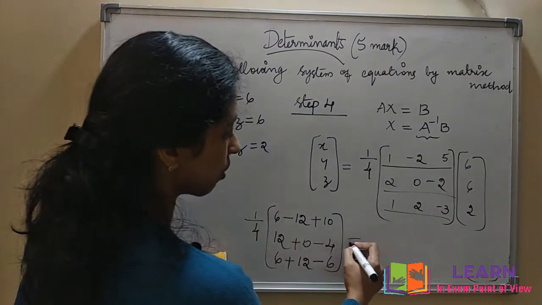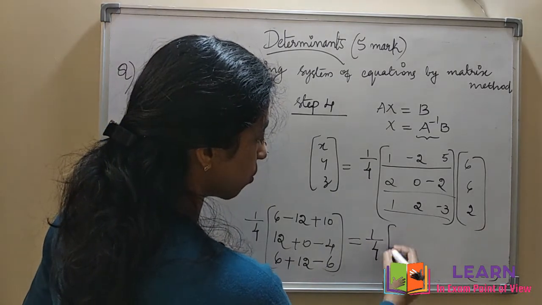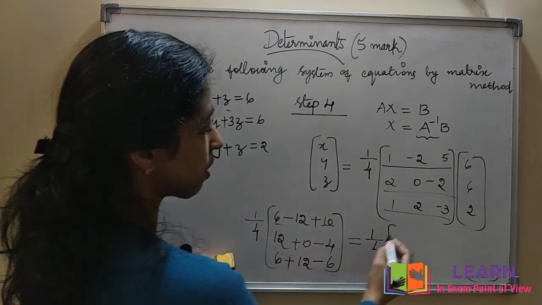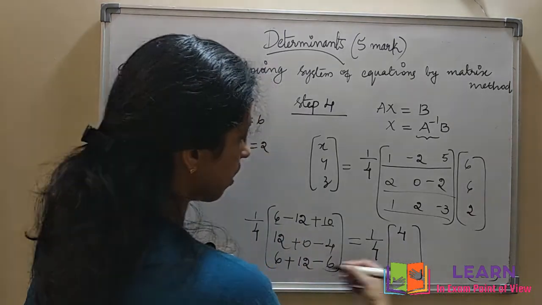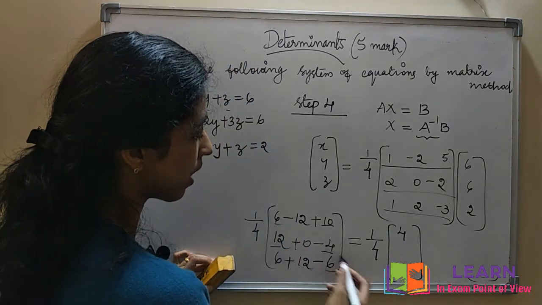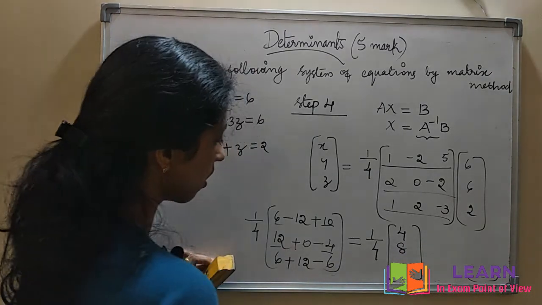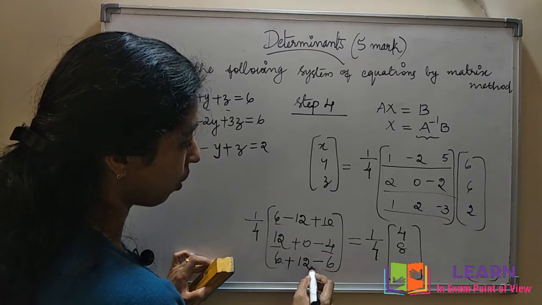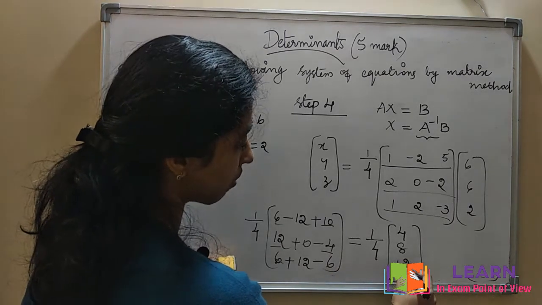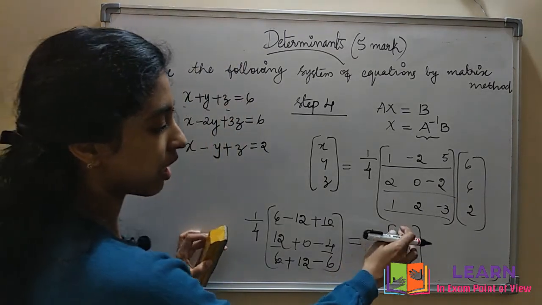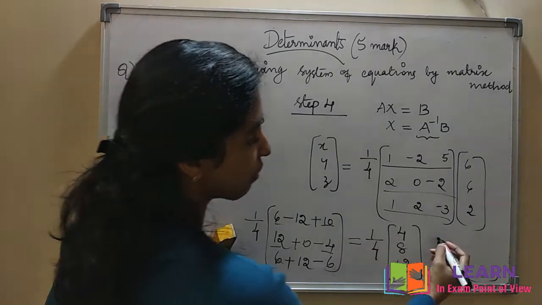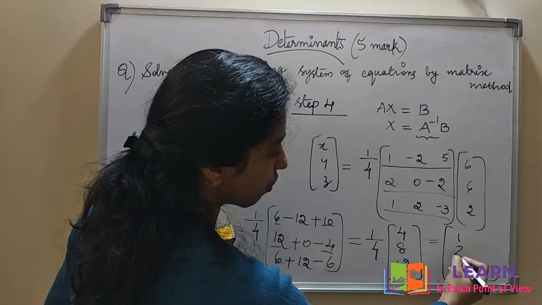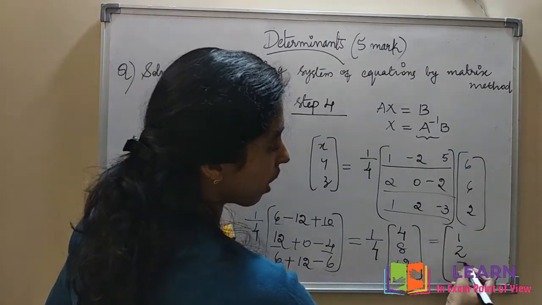Then just add. Okay, 1 by 4 into we now have 10 plus 6, 16 minus 12 we have 4. Then 12 minus 4 we have 8. Then 6 and 6 will go, remaining we have 12. On dividing each element by 4, 4 by 4 we have 1, 8 by 4 we have 2, 12 by 4 we have 3.